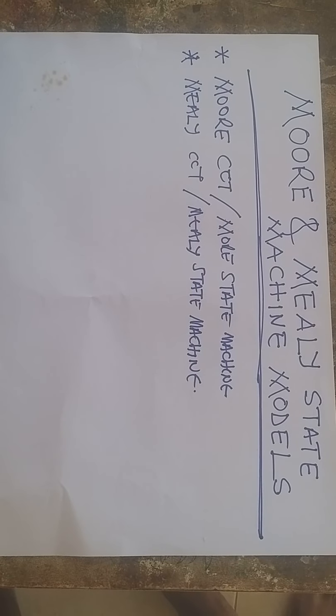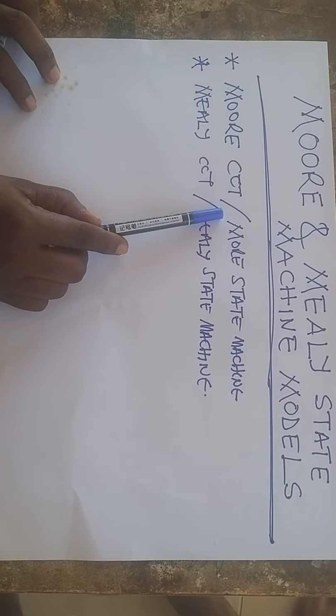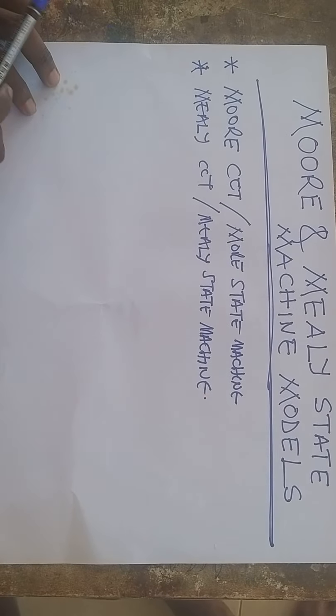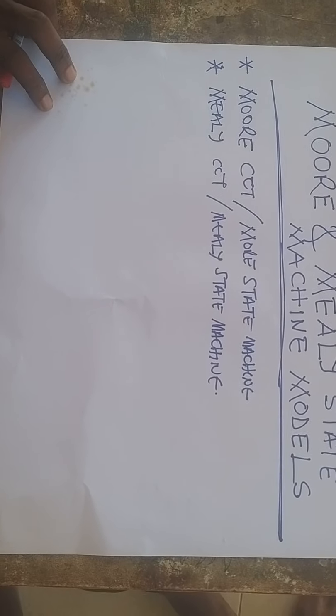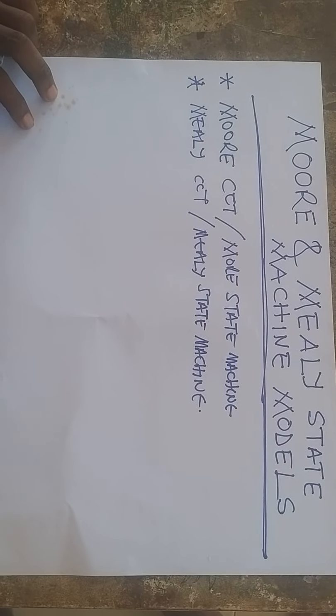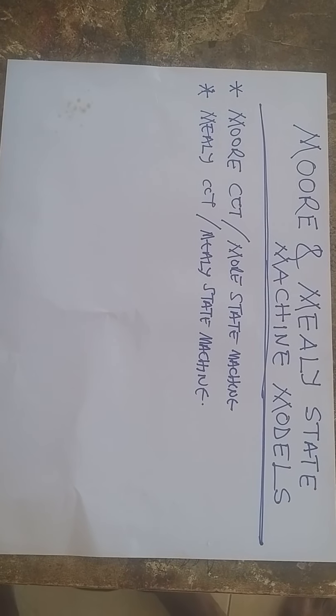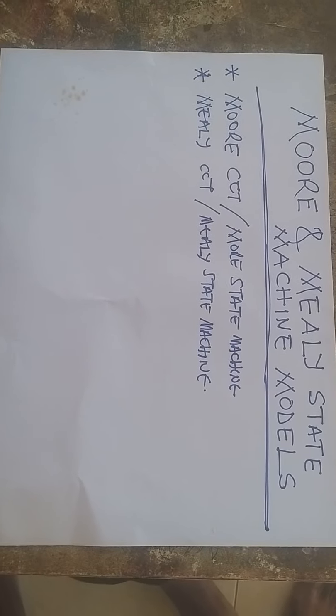So the difference between the Moore circuit and the Mealy circuit is the way the output is developed. Just note, the difference between these two is how the output is achieved.